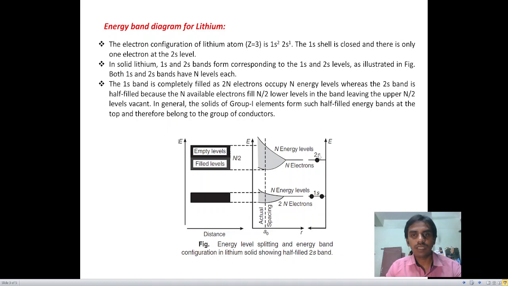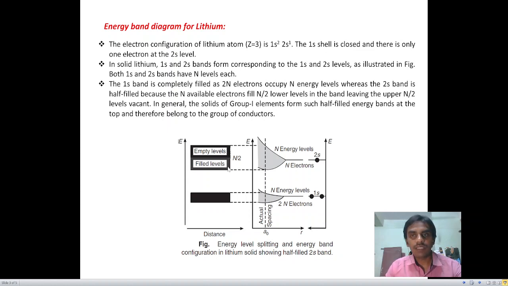Both bands have n levels each. The 1s band is completely filled as 2n electrons occupy n energy levels, whereas the 2s band is half filled, because the n available electrons fill the n/2 lower energy levels in the band, leaving the upper n/2 levels vacant.